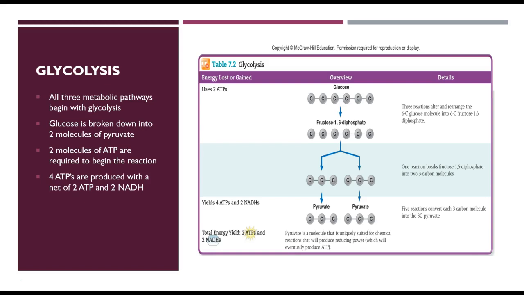We're going to break down glucose into 2 smaller molecules called pyruvates. They are 3-carbon molecules. In that process of breaking down glucose into pyruvate, we are going to net 2 molecules of ATP as well as 2 NADH electron carriers.